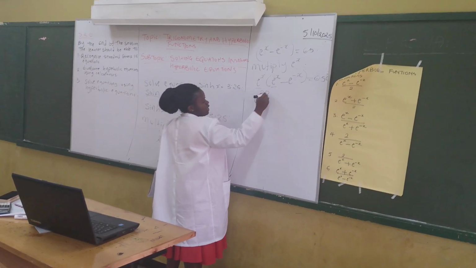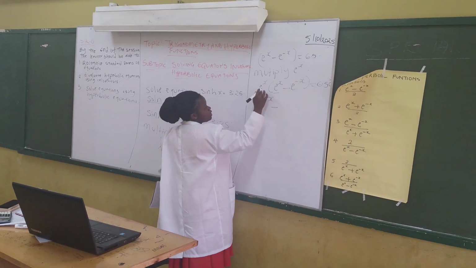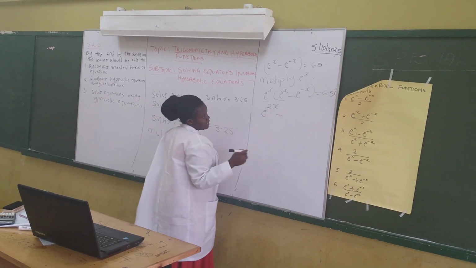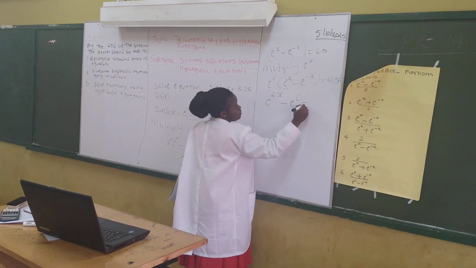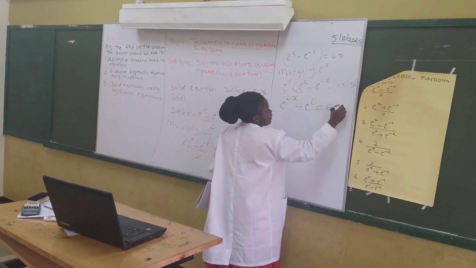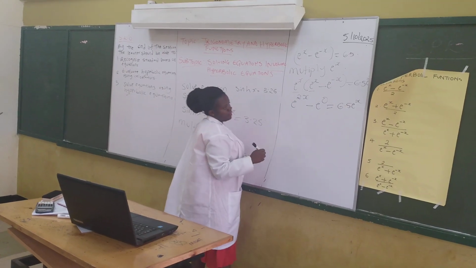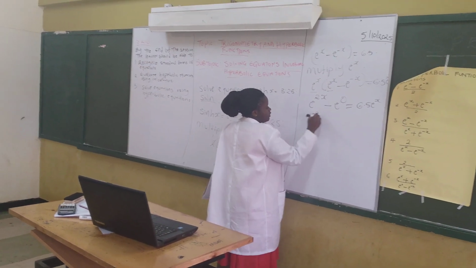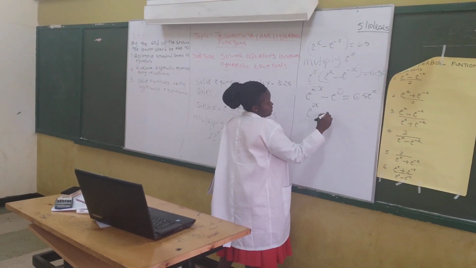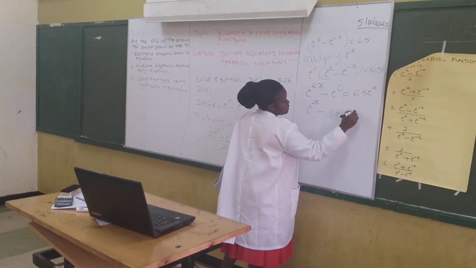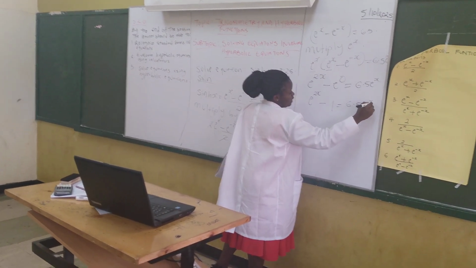Exponential of 2x minus exponential of x times exponential of negative x, what do you get? Exponential of 0, which is equal to 6.5 exponential of x. So exponential of 2x minus exponential of 0, which is 1, is equal to 6.5 exponential of x.